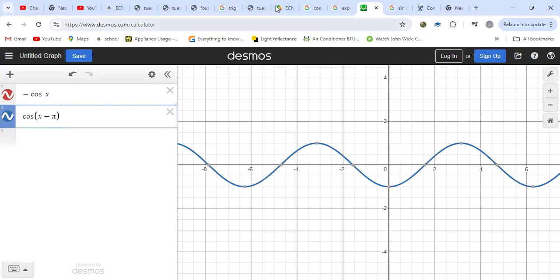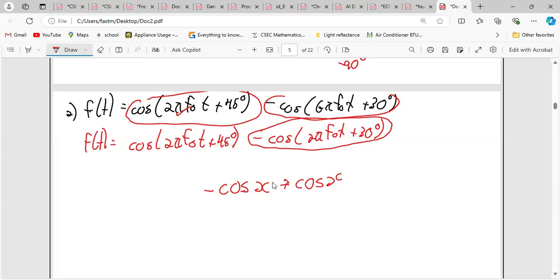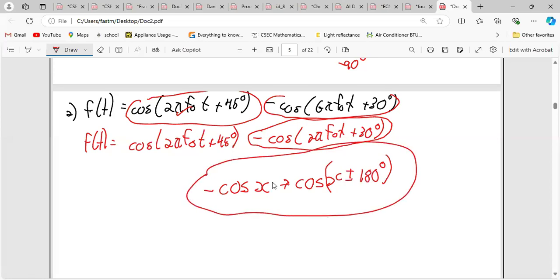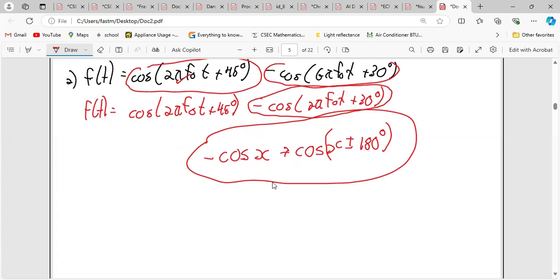So we jump back onto our question and we just learned something cool. So what we need to do, so this here, in brackets, plus or minus 180 degrees or pi, however you learn it. So this is important. So now we could use that and write over our signal. Plus, which is what we wanted, cos.